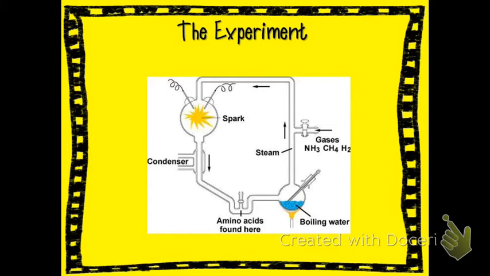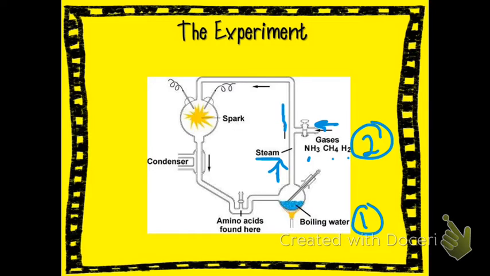As you can see here, our first step down here was boiling the water. From here, our second step was we added in our ammonia, the methane, and the hydrogen gases. You can see here that the steam is traveling up through the tube, and then we have our gases coming in this direction.